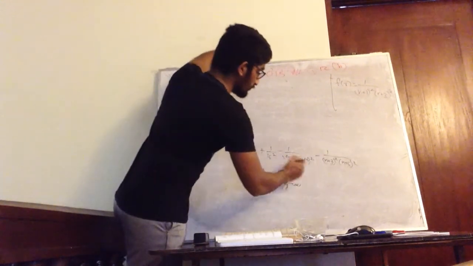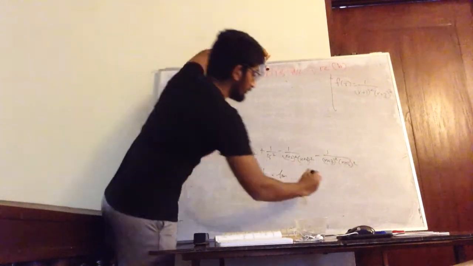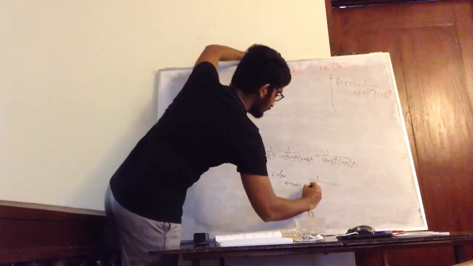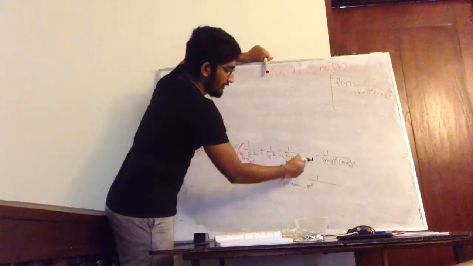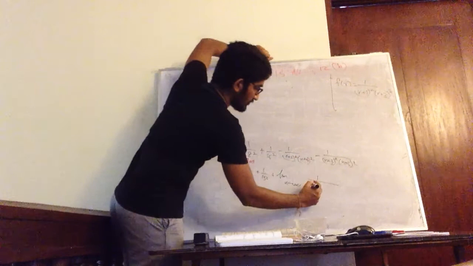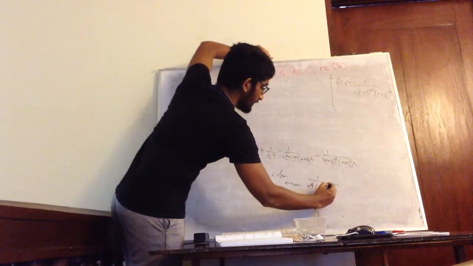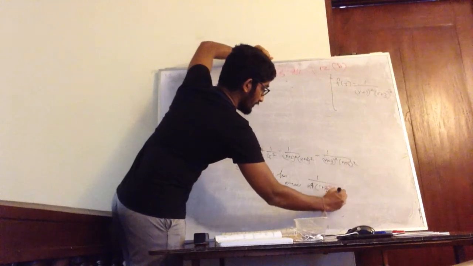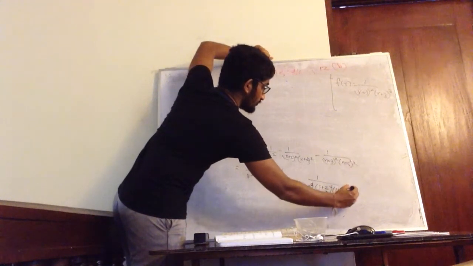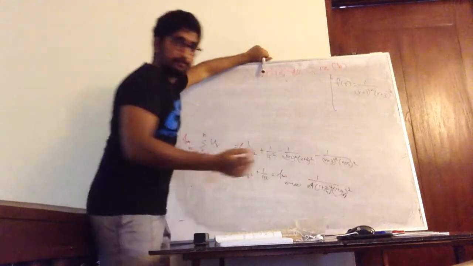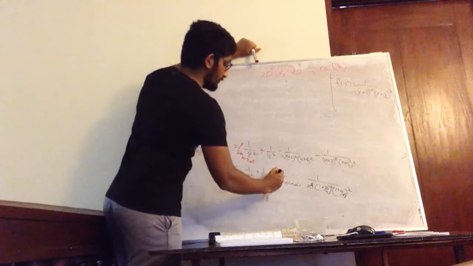So 1 over 8 squared plus 1 over 15 squared, minus the limit when n goes to infinity. Right? So I'm going to take the n's out. If I take the n's out, what will happen? One n squared will come out from here, and there's another n squared from here, so this becomes n to the power 4, times (1 plus 2 over n) squared, (1 plus 4 over n) squared.